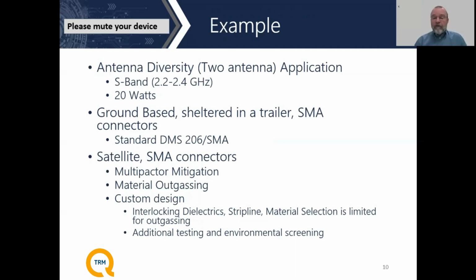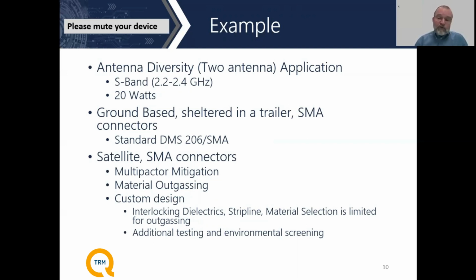We would also have to modify the design so that the material selection meets the NASA outgassing requirements. And then as part of all that, we would have to design the mechanics of this for interlocking dielectrics, transition from a microstrip design to a stripline design to make sure that we don't have a corona breakdown problem, and then check and make sure that all the materials meet the outgassing requirements.